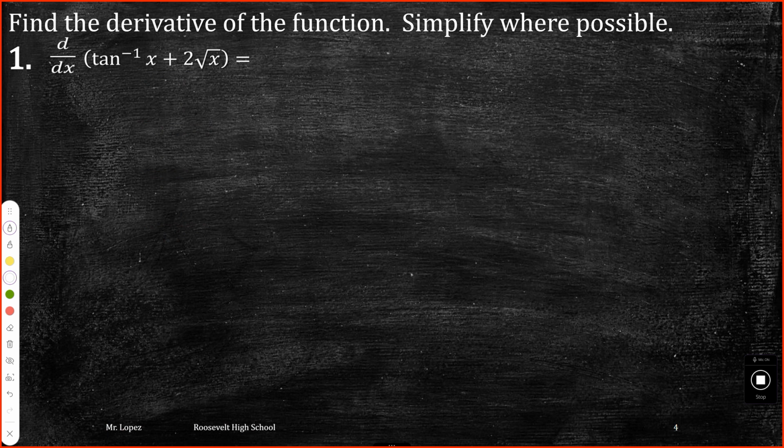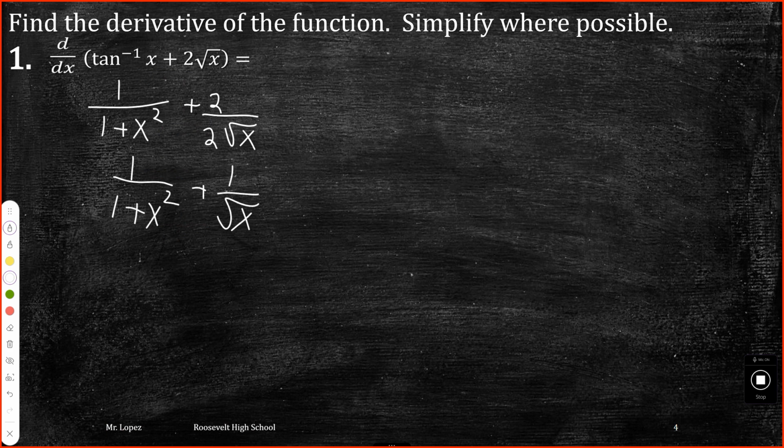So what's the derivative of tangent inverse of x? 1 over 1 plus x squared? Yep. And then what's the derivative of this? Well, that would be plus 2 over 2 square root of x. That 2 and 2 cancel out. So it will be 1 over 1 plus x squared plus 1 over square root of x.